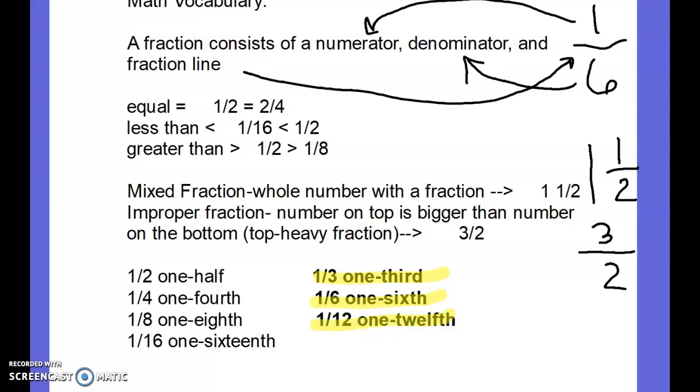So I want you to write those three down if those are the only things you haven't added, or if you see other things you need to add to your vocabulary page, please feel free to take this time to add it. Or you could just add 1/3, 1/6, and 1/12. Those are the fractions that we are going to start building with, okay, in the next week and a half in our lessons. And we may be incorporating them all. So anyway, that's it for today. It's really basically a big vocabulary lesson.